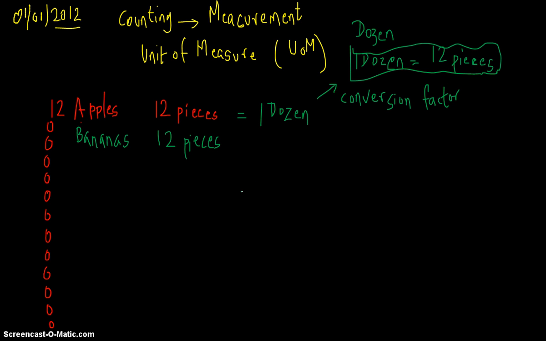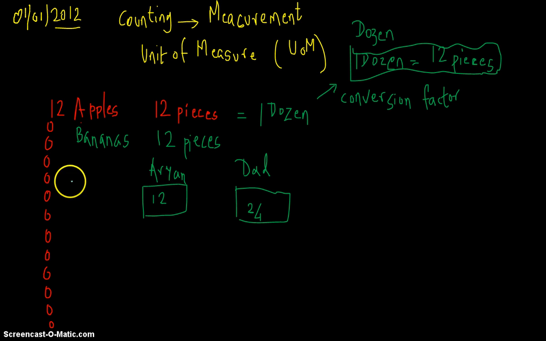Now I'm going to give you a simple and small demonstration. This is Aryan, my sweet sweet boy, and he is having 12 apples, and this is his dad, and dad is having 24 apples, double of what Aryan has. 12 multiplied by 2, 2 twos are 4 and 2 ones are 2.